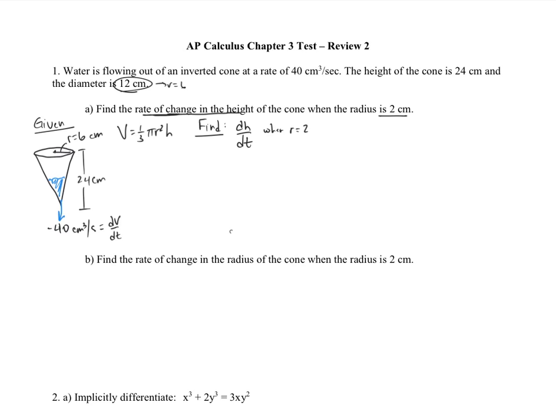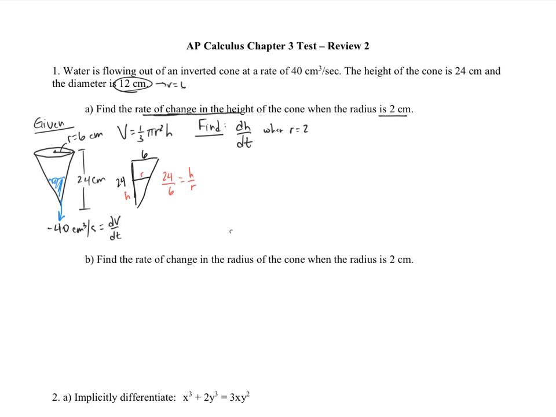That trick is to set up similar ratios with similar triangles. Let's take a look at what we have. When my triangle has a height of 24, the radius is 6. When it has a height of h, the radius will be r. So I can set up a ratio that says 24 to 6, in terms of height to radius, is h to r.